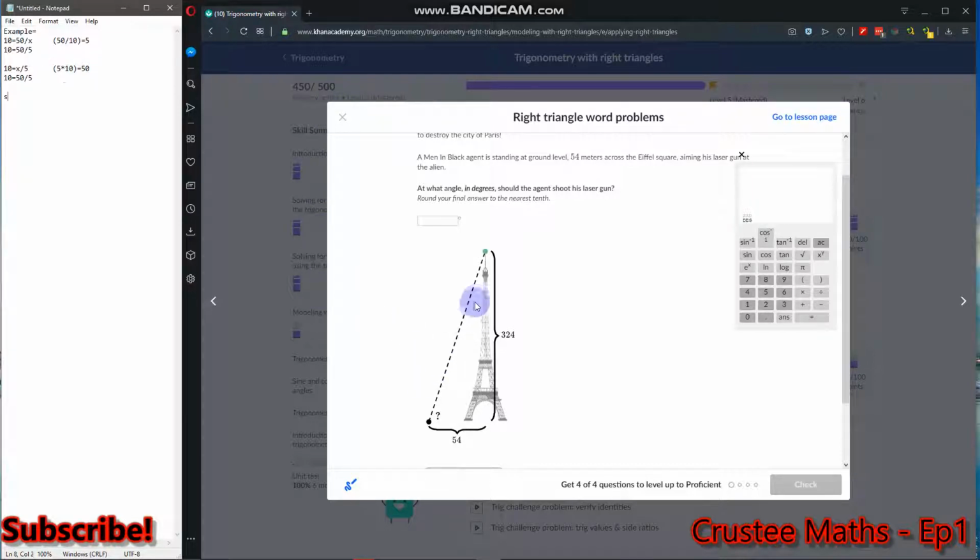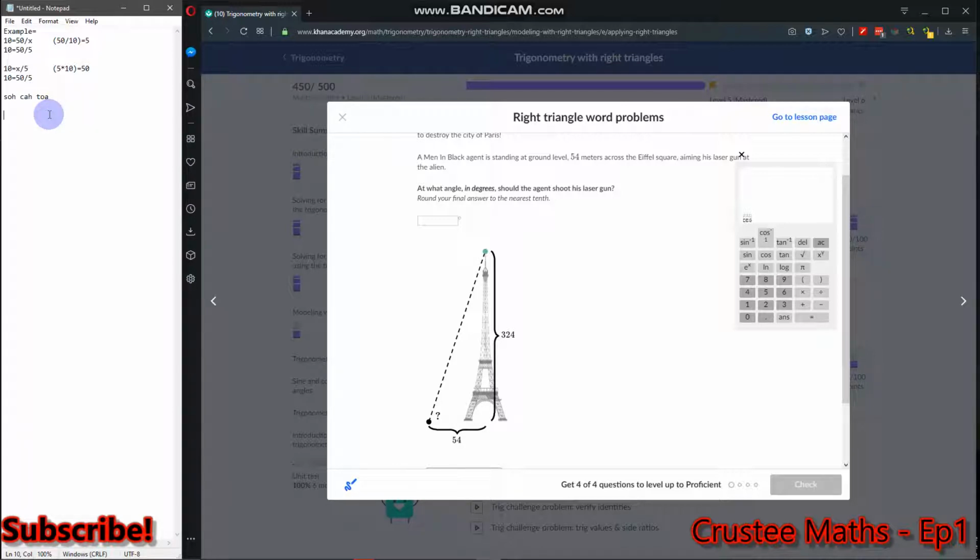Basically, we're going to write SOHCAHTOA, which is sine is equal to opposite over hypotenuse, cosine is adjacent over hypotenuse, tangent is opposite over adjacent. So we have adjacent and opposite of this angle. Adjacent and opposite is the tangent.